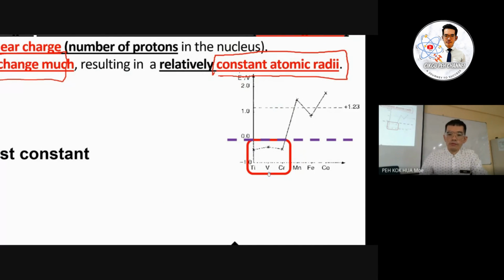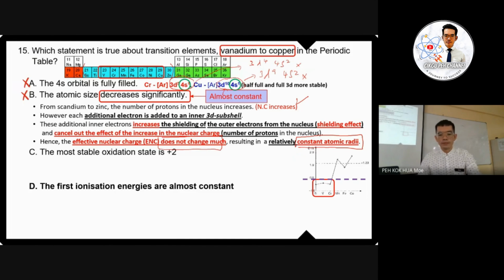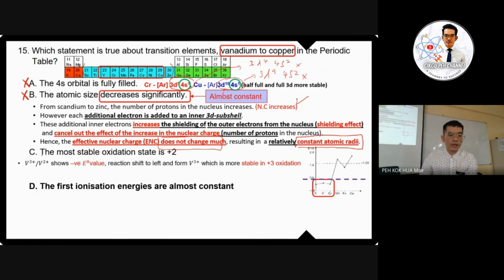Titanium, vanadium, and chromium show that the E0 value is negative. Negative means the reaction will shift to the left. So for these three elements, they will be more stable at the +3 oxidation state. Vanadium is one example, which is stable at the +3 oxidation state.